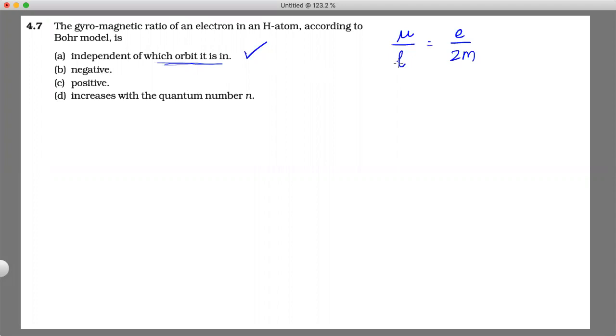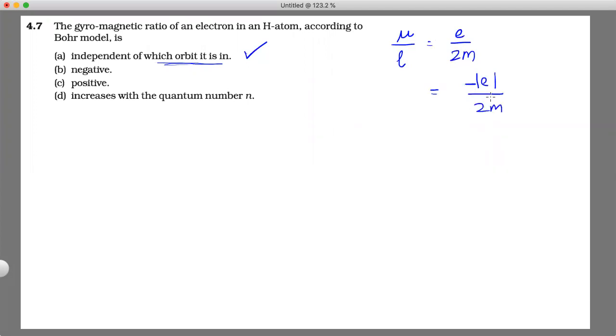Is it negative, positive, right? So actually the electron, it is given as a negative number, right? Because the e is a negative number. Okay, so I can put it like this, or I can put it as this.